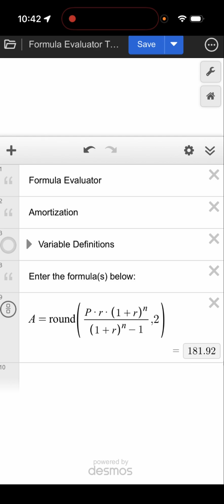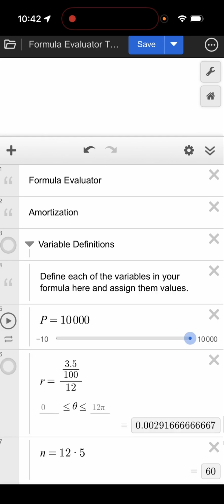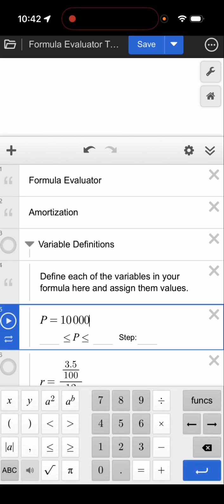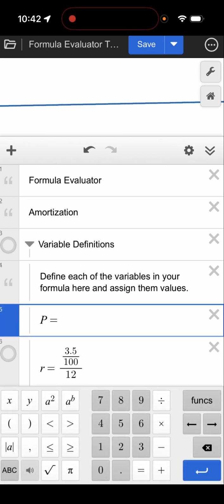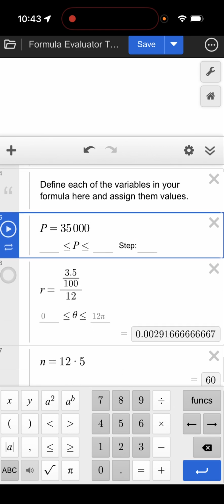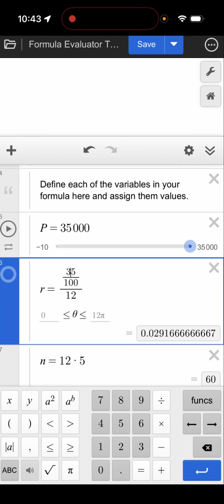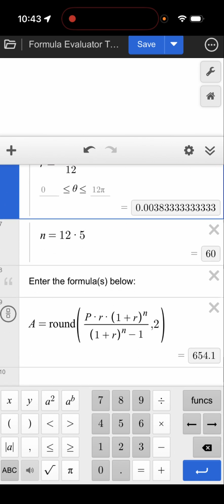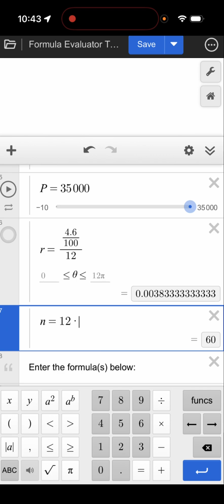And now, for the questions that you're going to work on in the problem, you can just go back and change the amount. What if I borrowed $35,000 instead of $10,000? $35,000, and what if the interest rate is 4.6%? And what if I'm going to pay that off in 10 years?